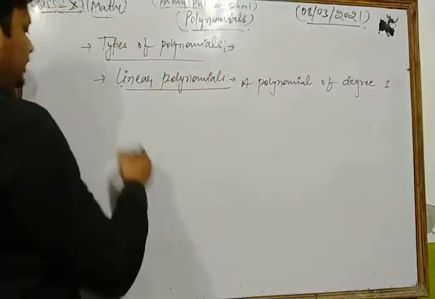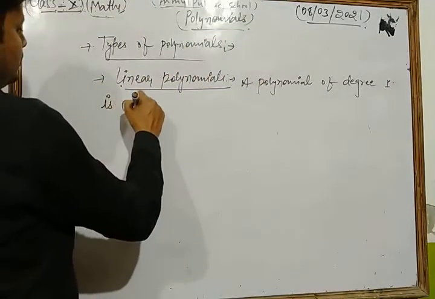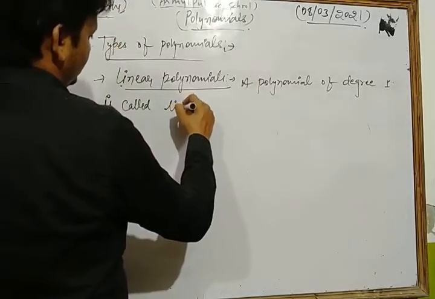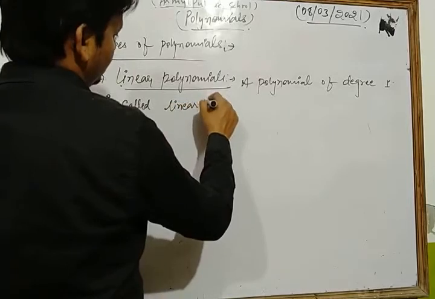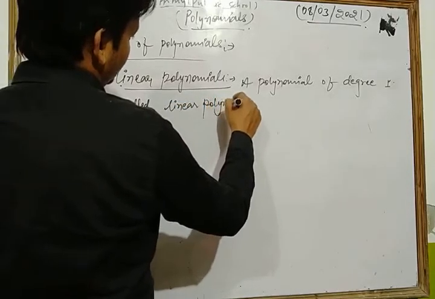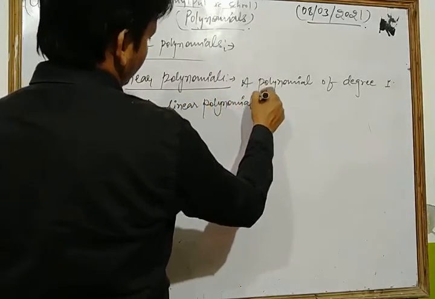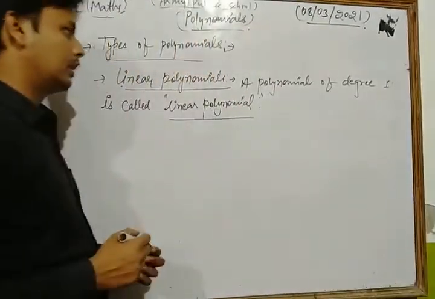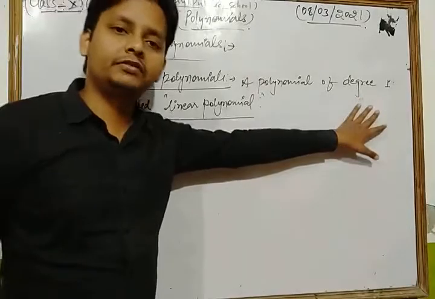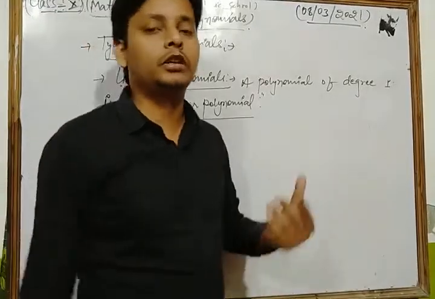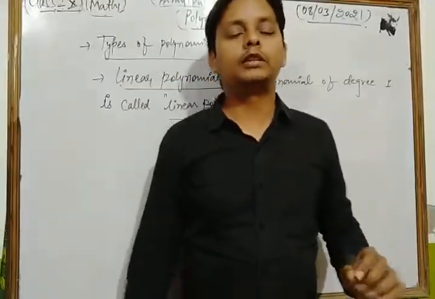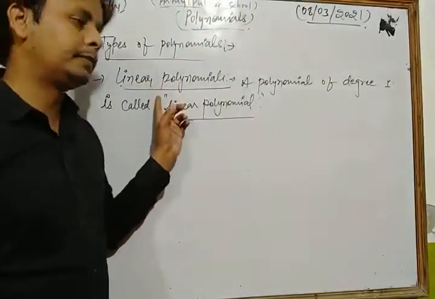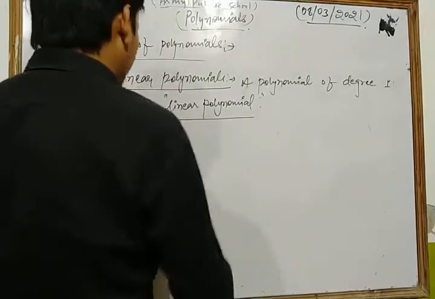A polynomial of degree 1 is called a linear polynomial. A polynomial of degree 1 means that if in any polynomial the highest power of the variable is 1, then it is called a linear polynomial.